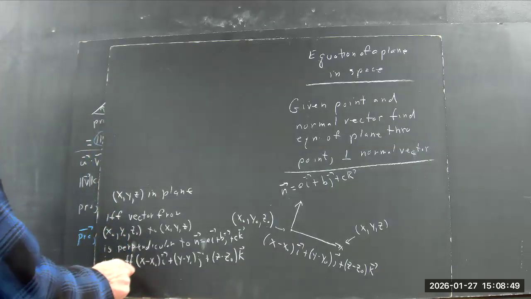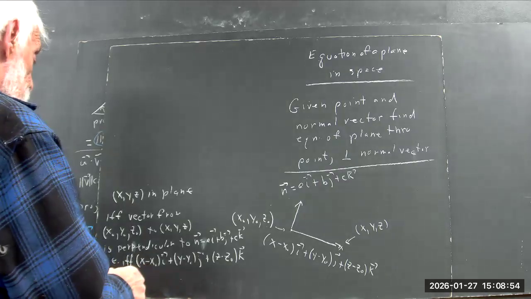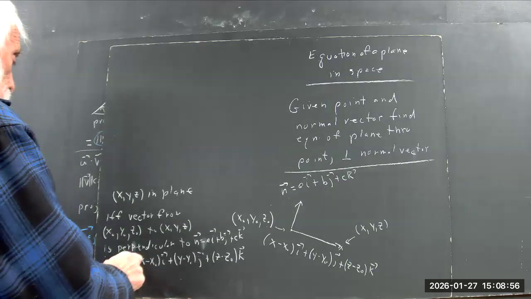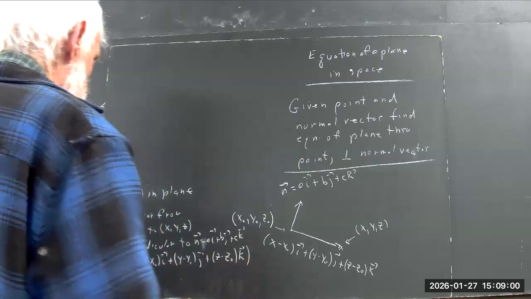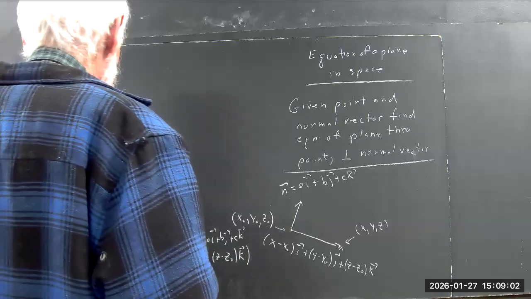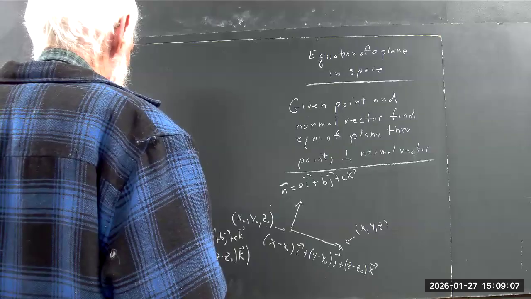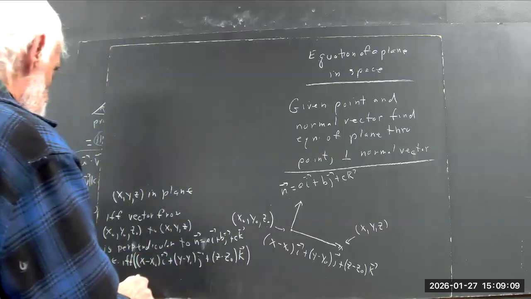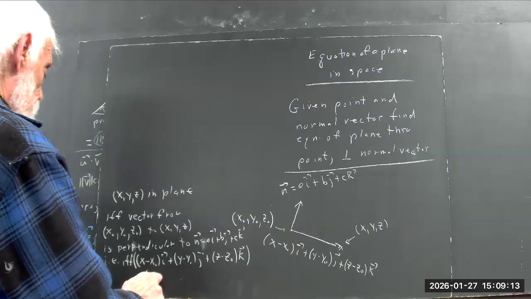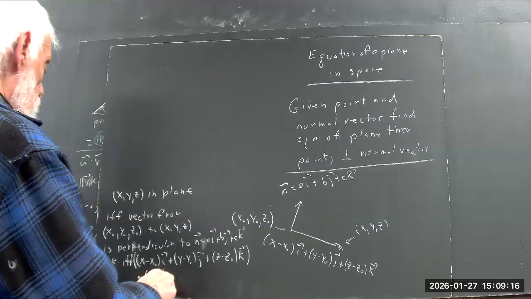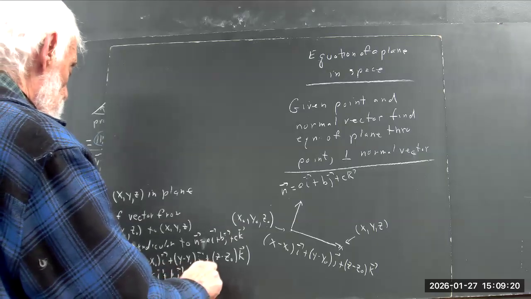This is an iff, if and only if this vector, dotted with AI plus BJ plus CK.